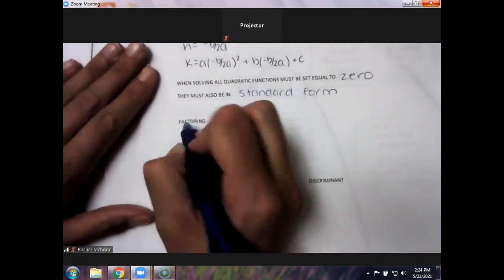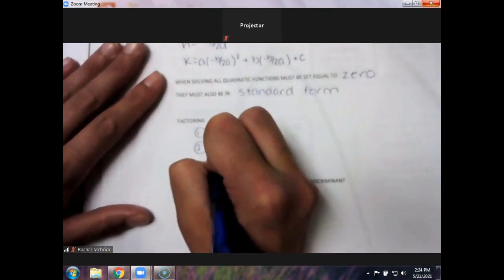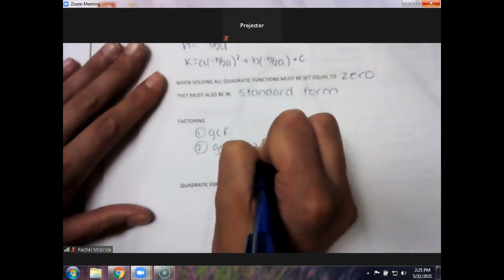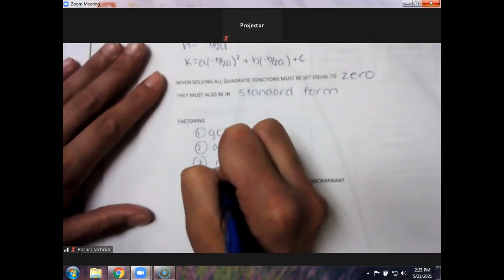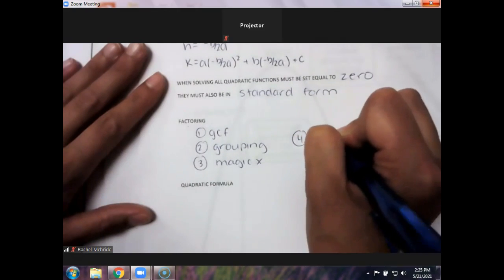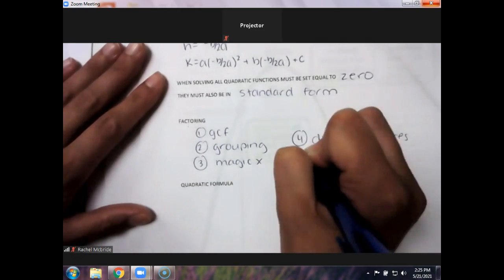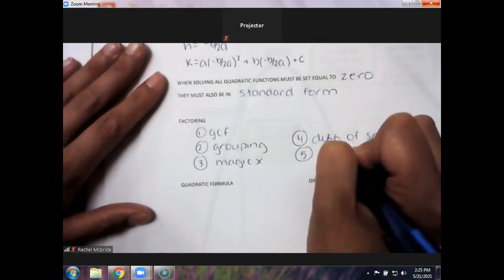When factoring, you're thinking GCF, grouping, magic X, difference of squares, and perfect square trinomials.